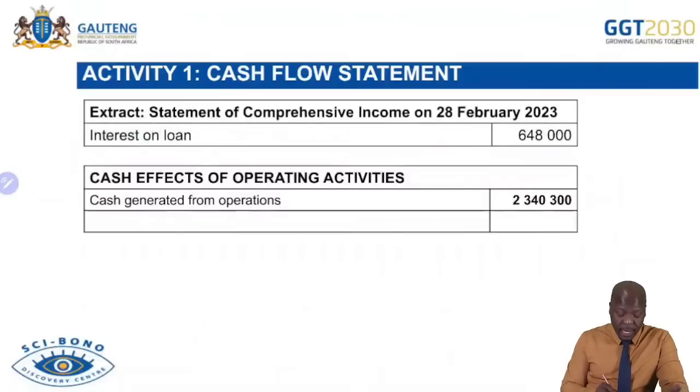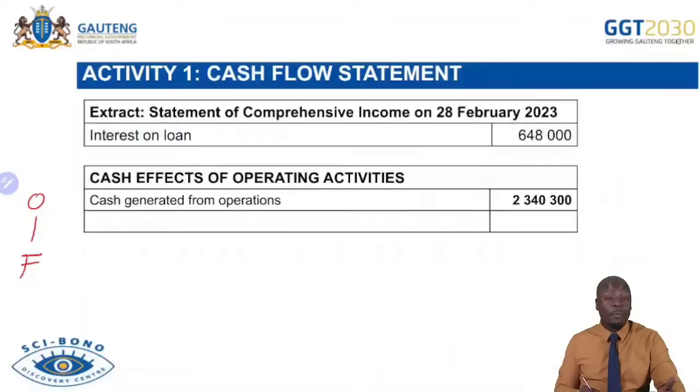You have your operating activities, you have your investing activities, as well as your financing activities, your O, your I, and the F. And remember to practice on the cash and cash equivalents part, the net change in cash and cash equivalents part. Remember to practice on that aspect.